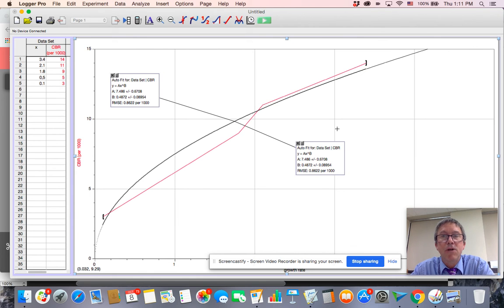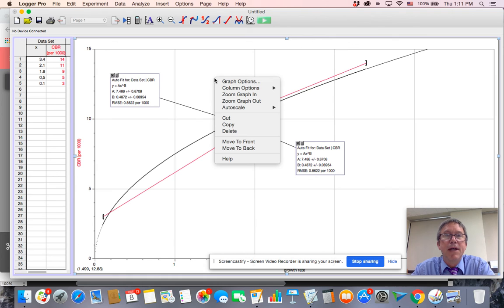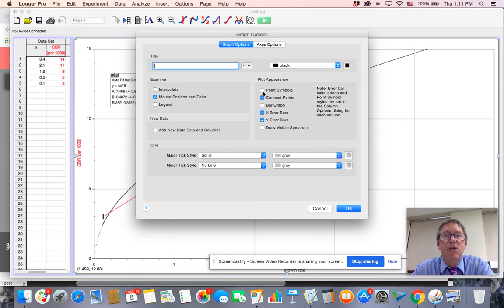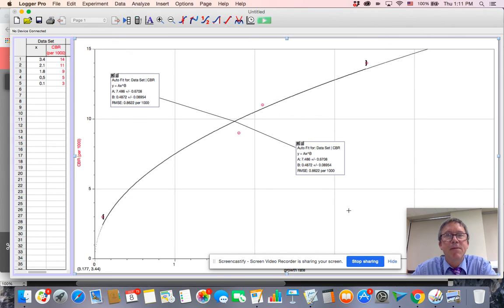So if you launch Logger Pro and it does this, we want to check point symbols, to see where the data is, and uncheck connect the points, because we don't want that. Now I can see my data. See, I have two of the same ones, so I don't want that.